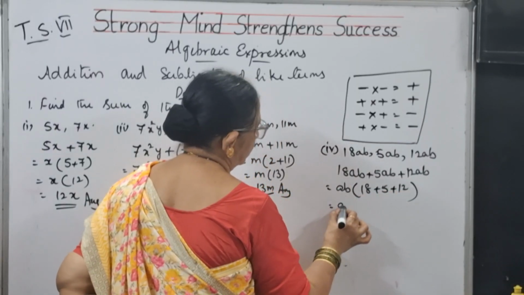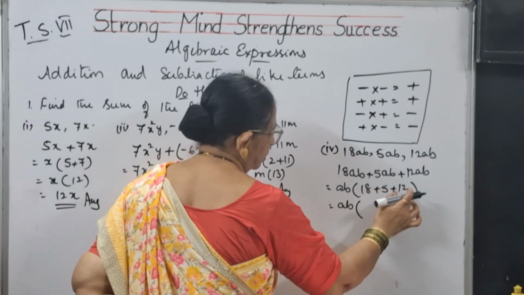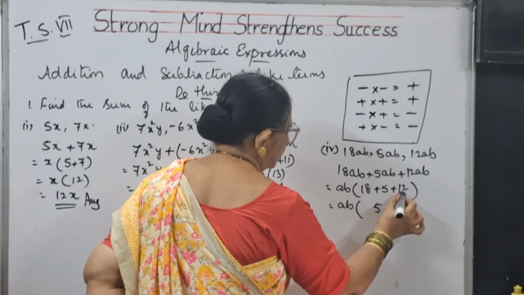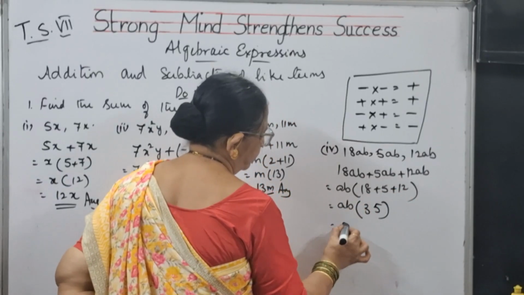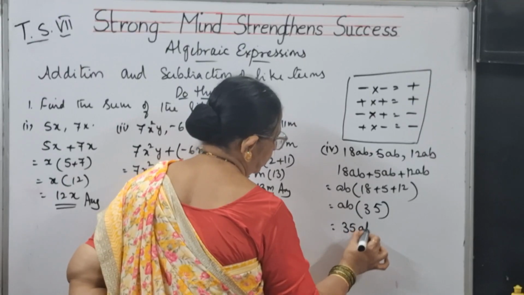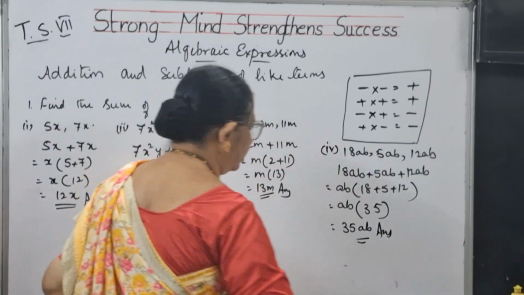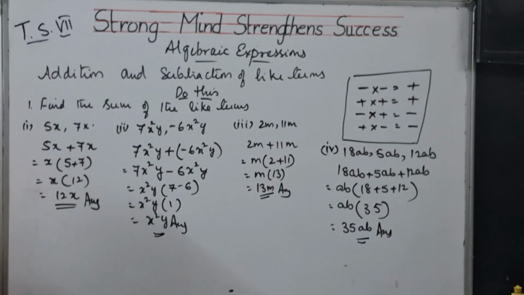How much are you getting? 18 plus 5 is 23, plus 12 is 35. So 35AB is the answer for this bit, children. So 4 bits I have done, still some more are there. If you note it down, I will do the next part.